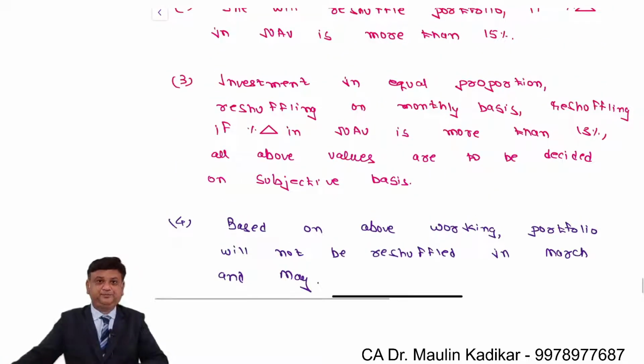So write down now a new heading, investment as per constant ratio plan.